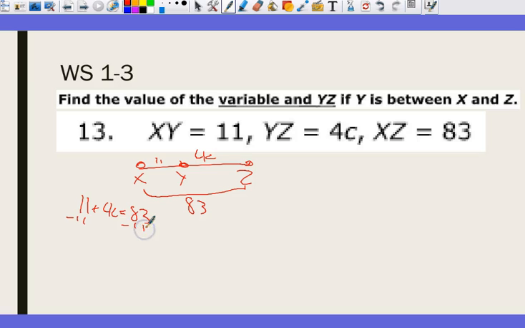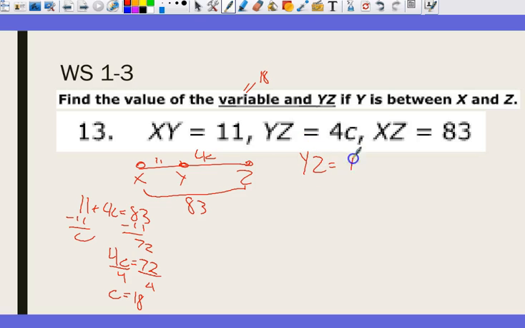Minus 11, minus 11. 4C is equal to 72. We want to divide both sides by 4. C is equal to 18. There's your first answer. C is equal to 18. Now all we have to do is plug it in. We're looking for YZ.